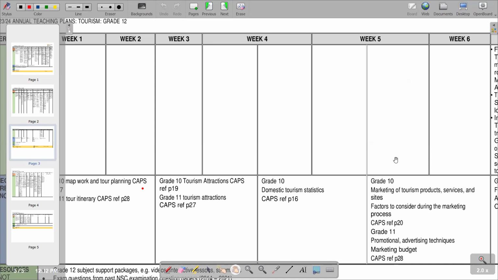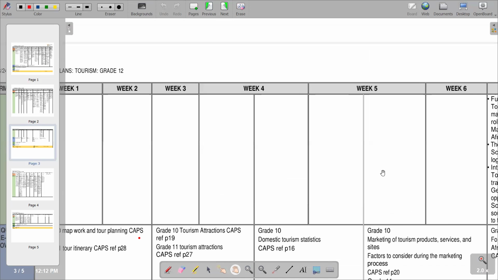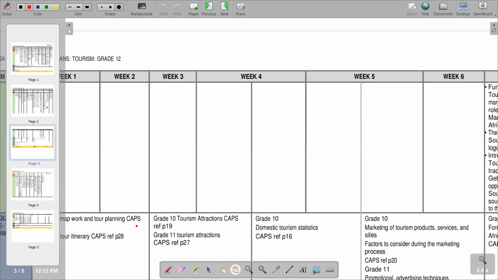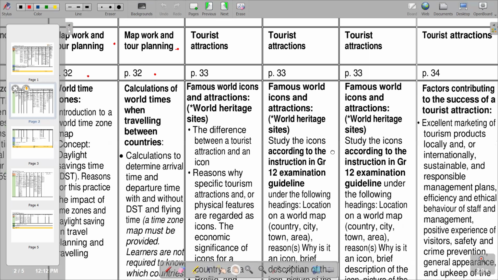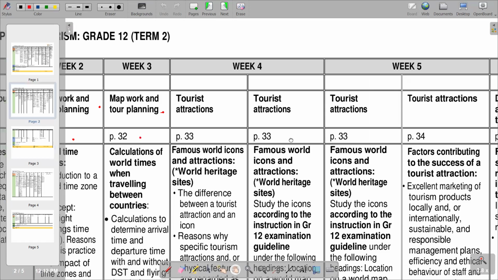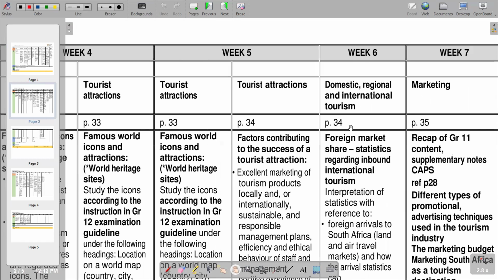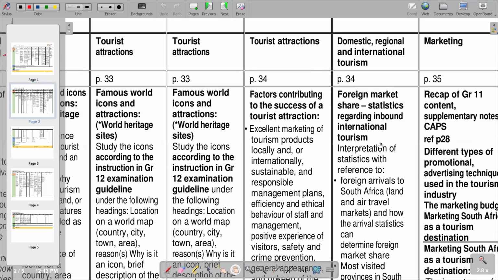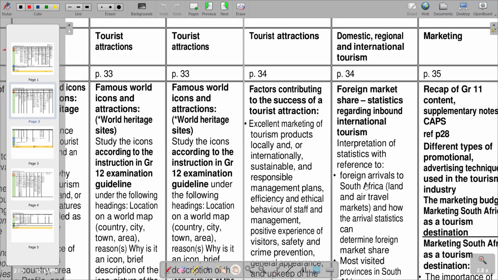So as indicated here, now we move on to week 6, whereby we are going to look at domestic, regional, and international tourism. CAPS, page 34, whereby we are looking at foreign market share statistics regarding inbound international tourism. Basically looking at interpretation of statistics with reference to foreign arrivals to South Africa, land and air travel.